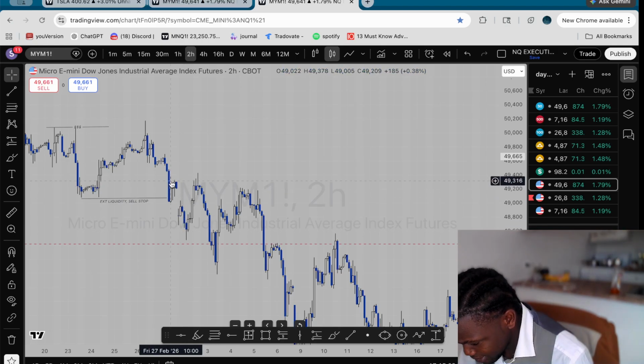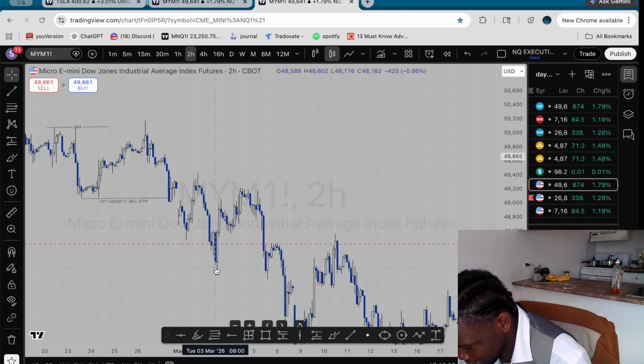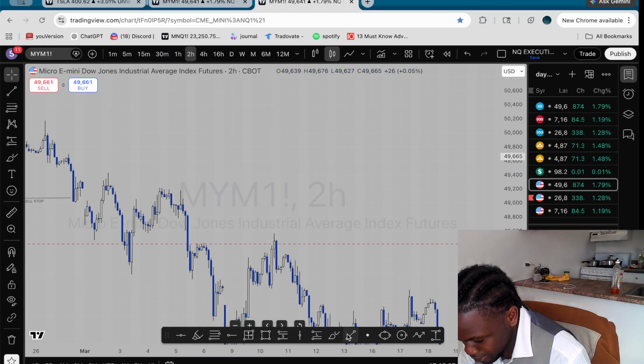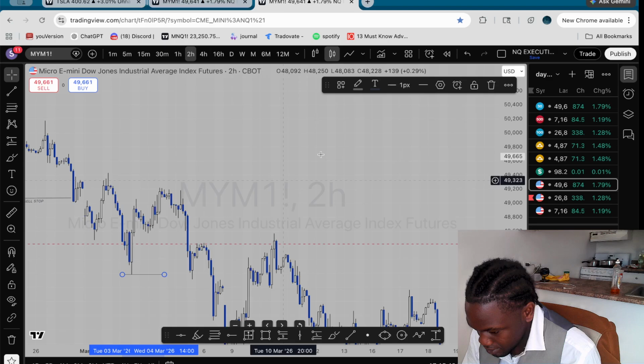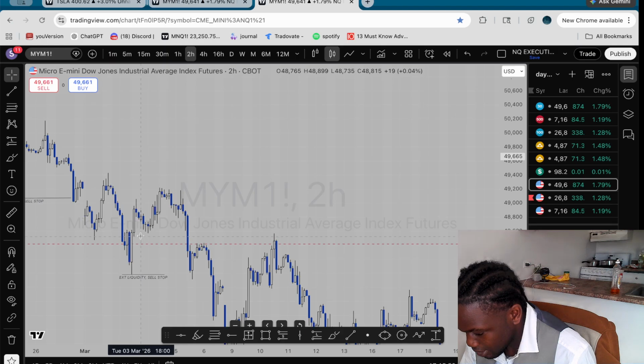What happens? Price came back here, swept that high before continuing lower. Now we have a new low here. We're gonna call that external liquidity again. And we're looking for a continuation trade short to sell the market.